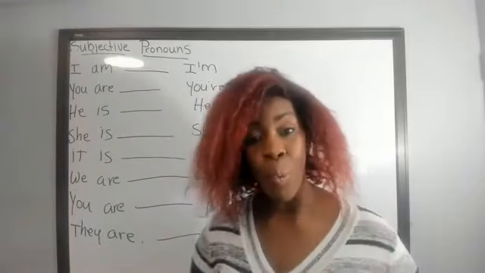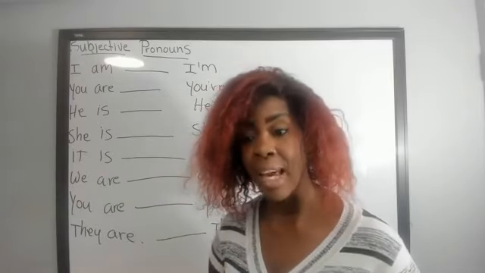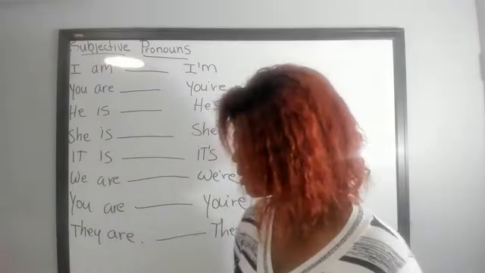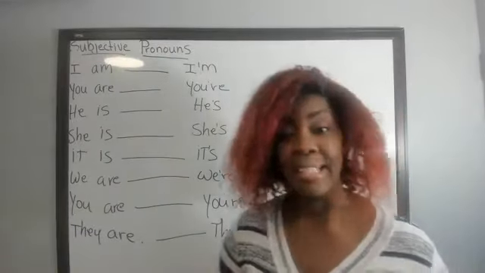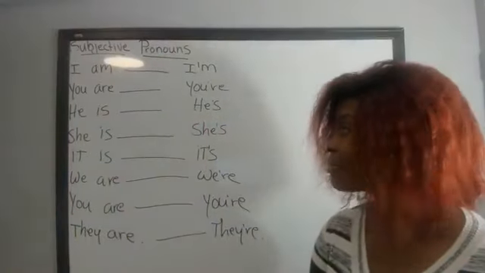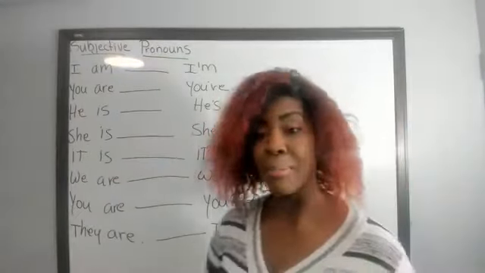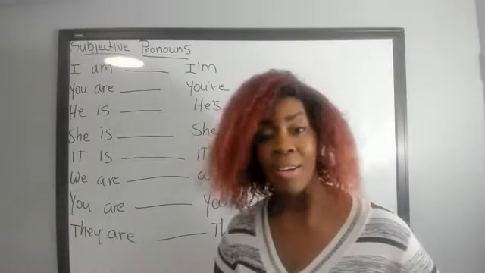If I'm talking about one girl or one female, I'll say she is. If I'm talking about one thing, let's say my marker, I'm going to say it's. If I'm talking about myself and someone else, I will say we are.